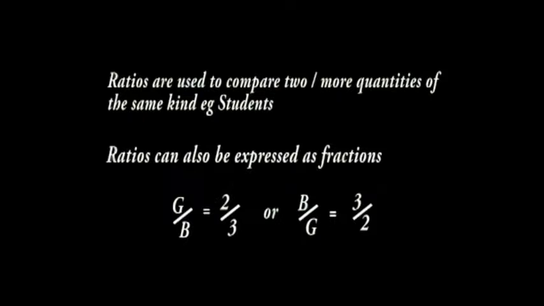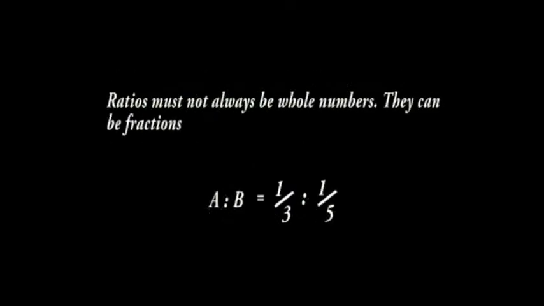It is important to note that ratios must not always be whole numbers. They can be fractions. For example, A to B is equal to a third to a fifth. However, it is always safer and easier to work with whole numbers.